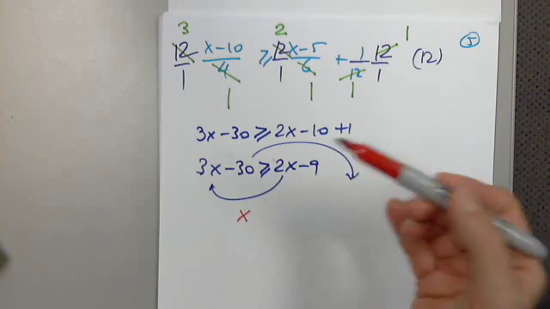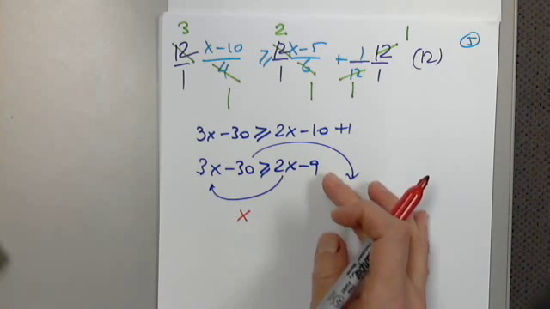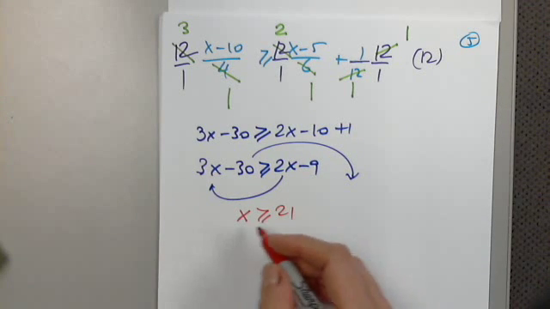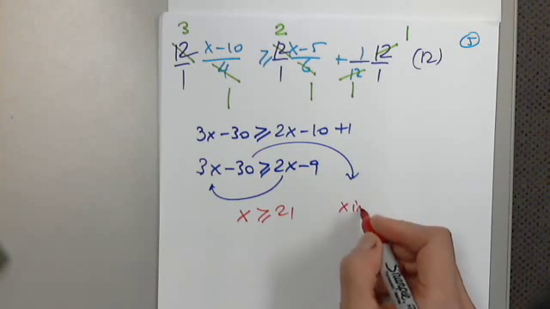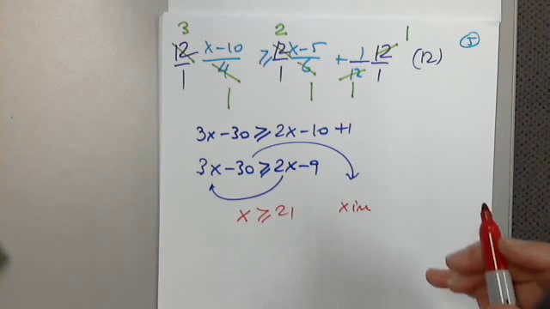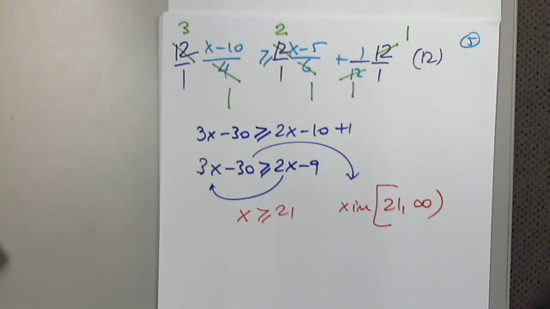When I have negative 30 and it goes to the other side, it becomes positive 30 minus 9, 21. So now I see what this is, and I write the interval notation. Bracket 21, comma, positive infinity. Very good. Thank you very much.